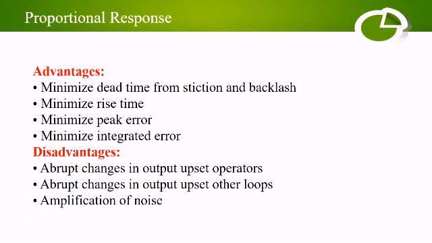The advantages of proportional response are that it minimizes deadband from stiction and backlash, minimizes rise time, minimizes peak error, and minimizes integrated error. The disadvantages are that changes in output upset operators and changes in output upset other loops.